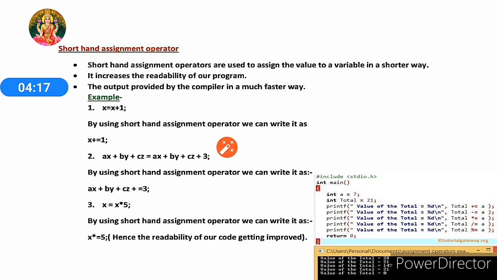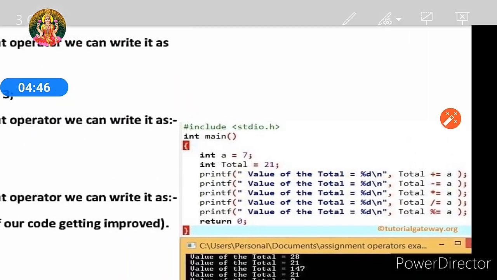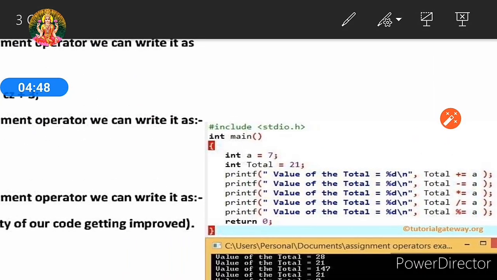If you get a job in some company, they will give you bigger codes to write. To shorten that amount of code, you will have to use the shorthand assignment operator, which will increase the readability of our code, and the compilation will be done in a much faster way, or else the program will lag.